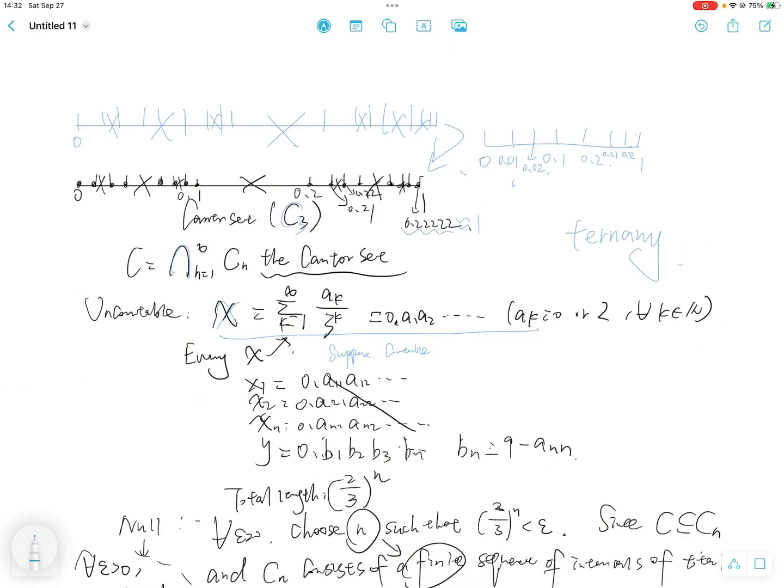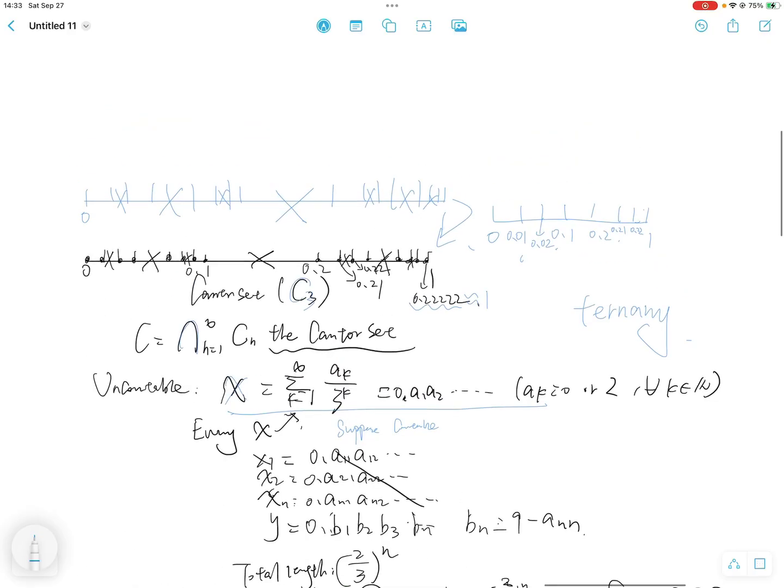Next, I'll introduce the concept of the Cantor set, which also comes from the idea of Georg Cantor. It's an interesting set: for the interval 0 to 1, we always equally divide it into 3 parts and remove the middle part.